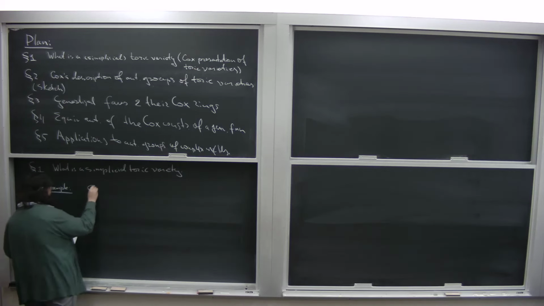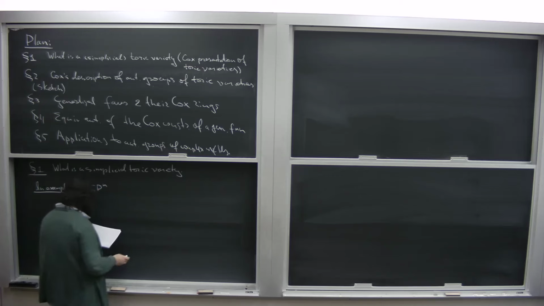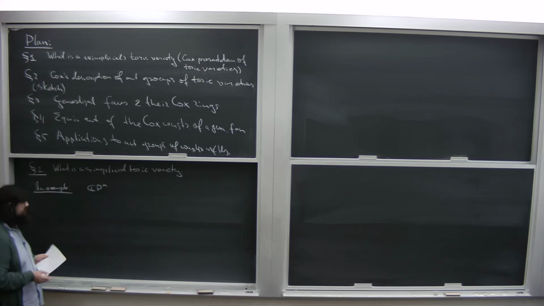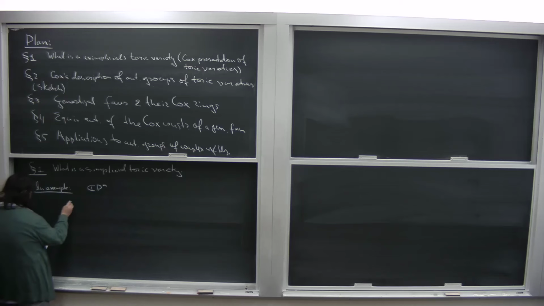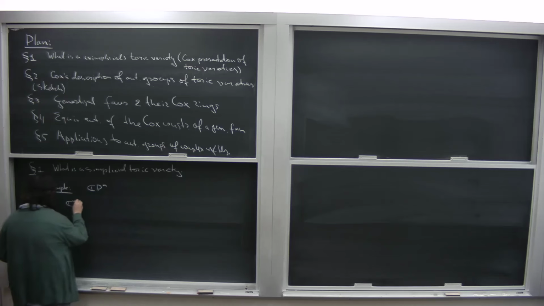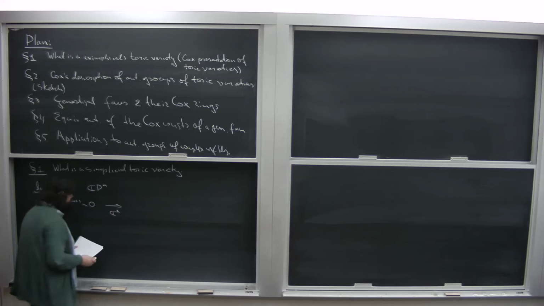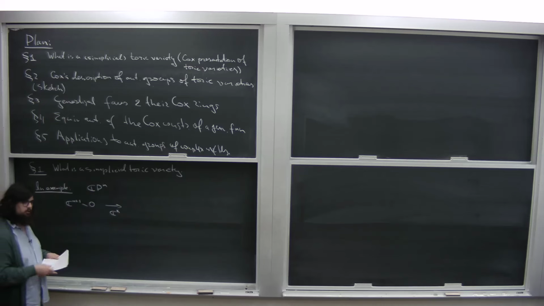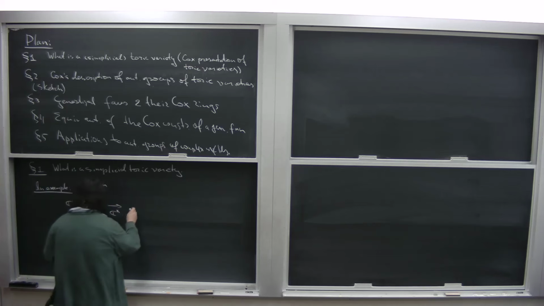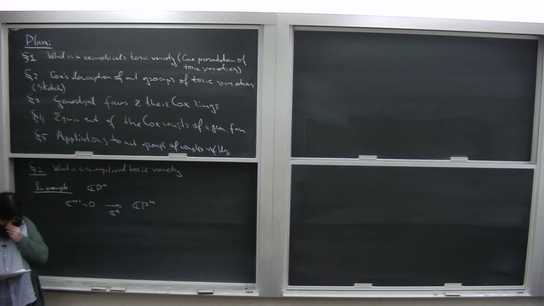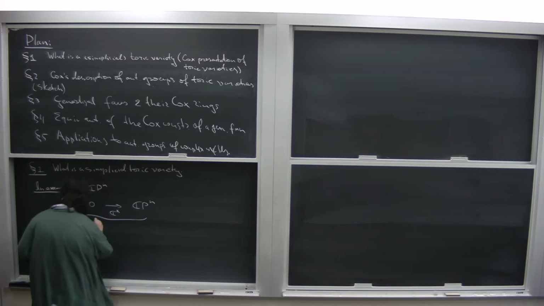So our favorite example is, of course, CP^n. We know that this is a toric variety, and I want to give a very specific presentation of CP^n. You can present it as a quotient of the affine space without the origin, modulo the diagonal group action. So we have the multiplicative group of complex numbers, and we have this sort of algebraic Hopf fibration.